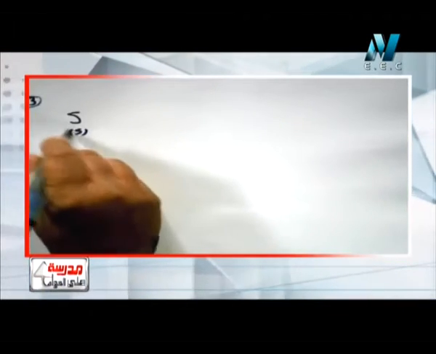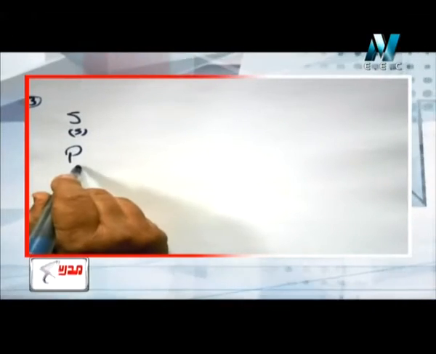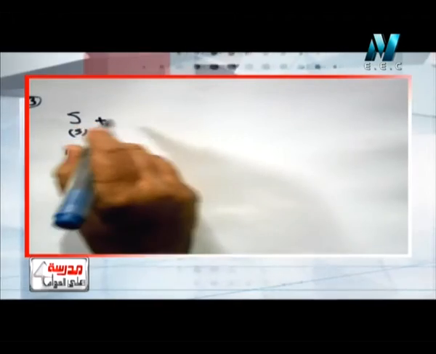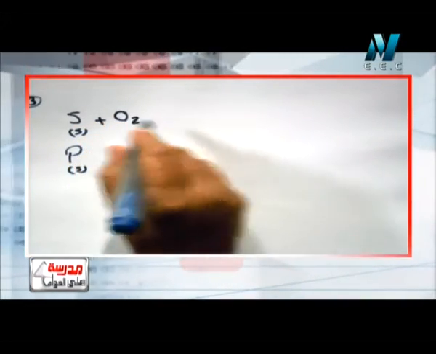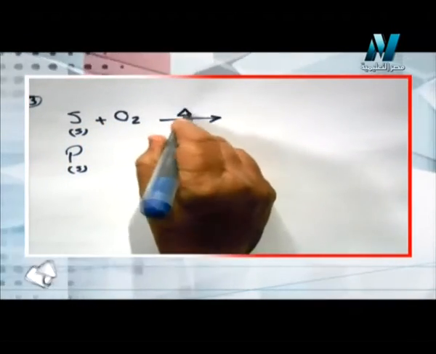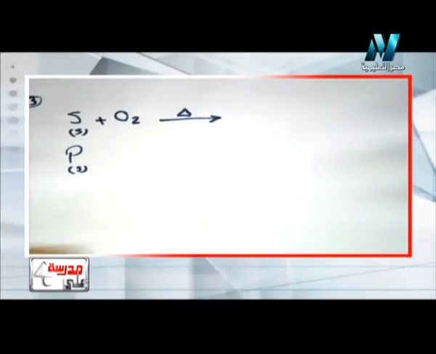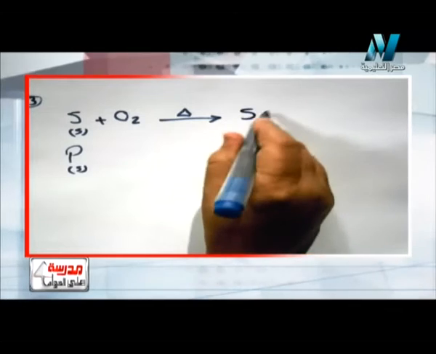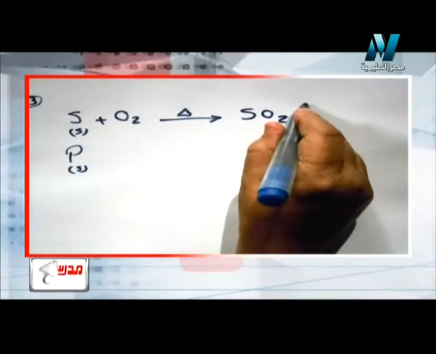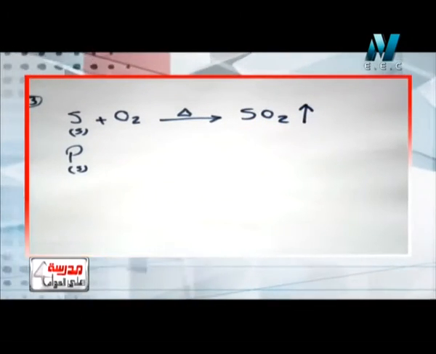Number 3, get rid of impurities. As we know, the ore contains sulfur as a solid substance or phosphorus, also a solid substance. By strongly heating, they react with oxygen, the active gas in the air. Sulfur combines with oxygen to form SO2, sulfur dioxide gas, and evolves.